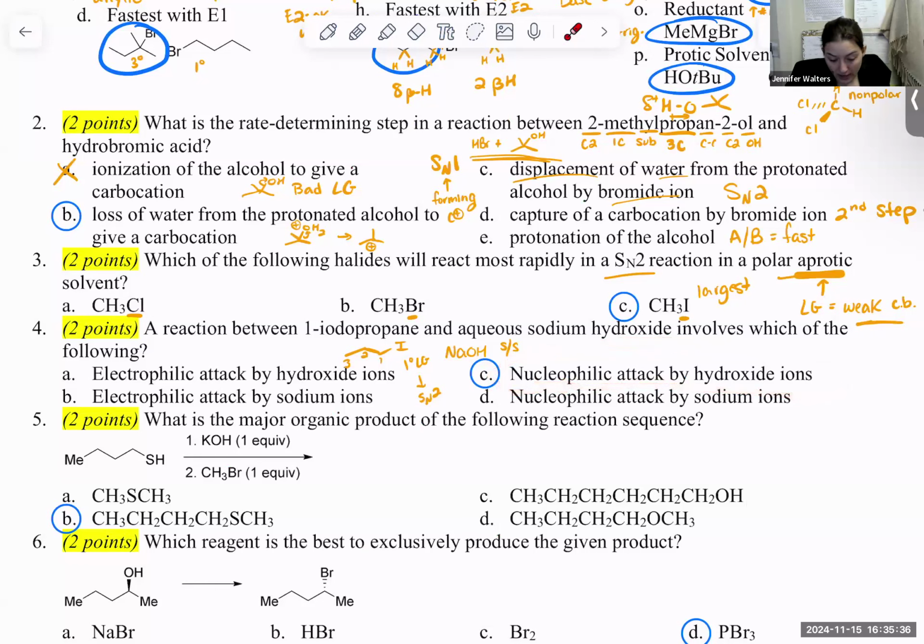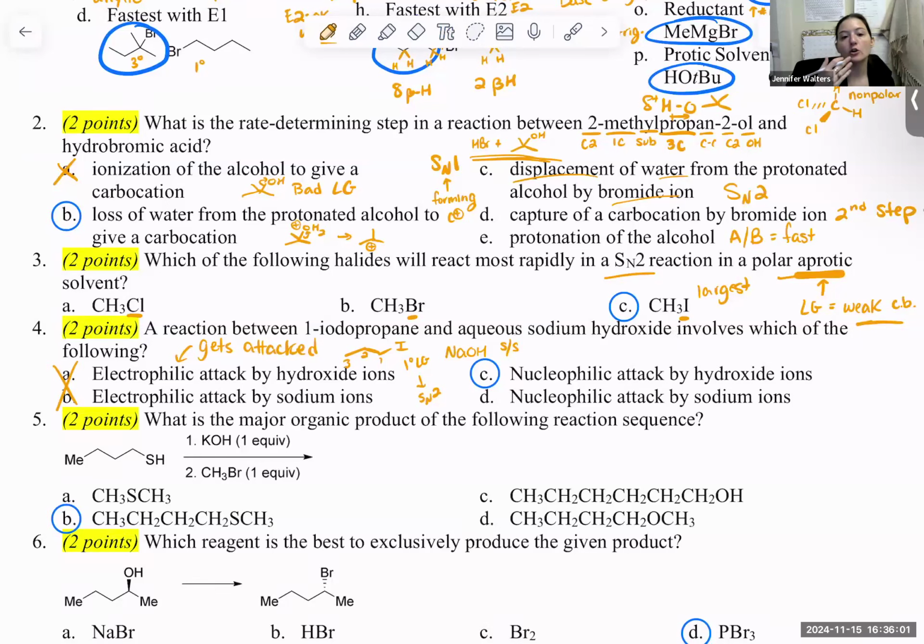Actually, I didn't even have to worry about that here because I don't even have base deprotonating. My only options are nucleophilic attack or electrophilic attack. Electrophilic attack, not a thing. Remember that our electrophiles get attacked. They are not going to do the attacking. So these are wrong because the electrophile gets attacked. It doesn't have the electrons to do the attacking.